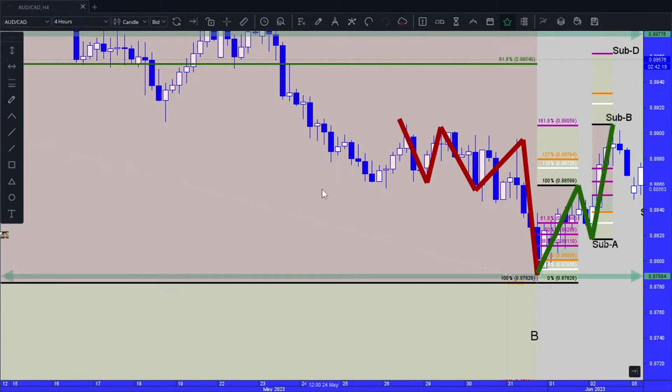Type in the chat, yes I agree, or no I don't agree. Can you see it? The red line, the market was making lower lows, lower highs, and then you have the green line, the market is making higher highs, higher lows.